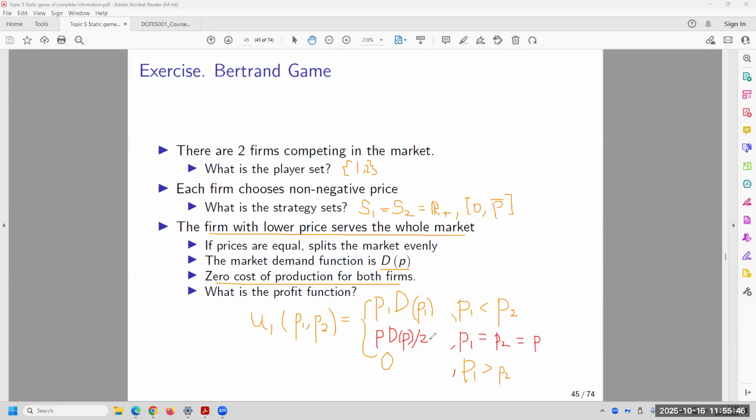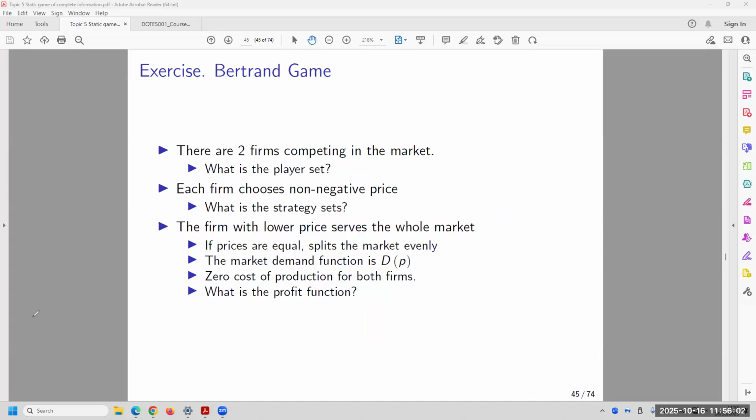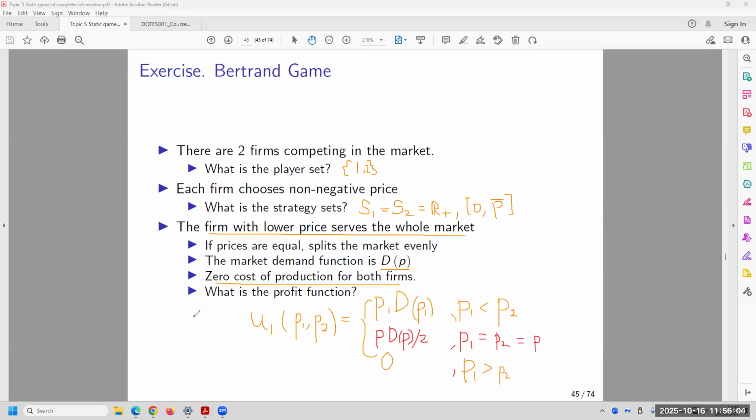There's no other equilibrium. Is that okay? So you can write down the Nash equilibrium as well. I hope that helps you see how to solve this model.